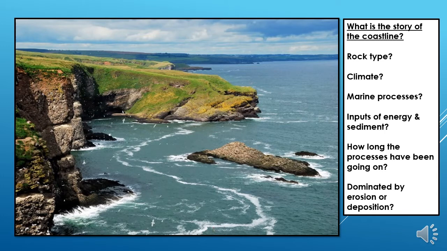What's happened there is the rock's been laid down over time horizontally, and then as the tectonic plates have shifted and crunched together, that line has been distorted, and now it goes at an angle to the sea. So we've got some sedimentary rock there, but it's really old sedimentary rock that's probably been compressed, so it's quite hard and quite resistant.